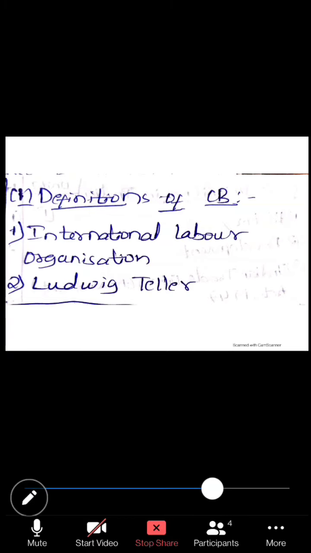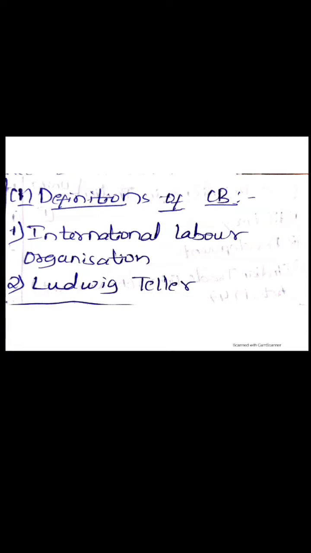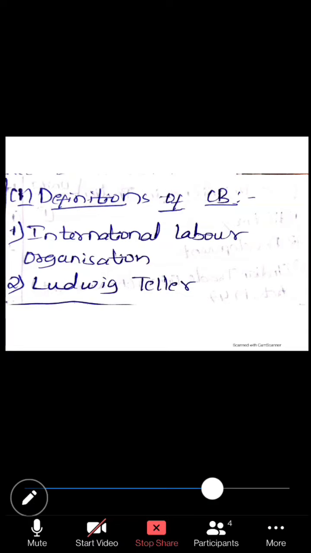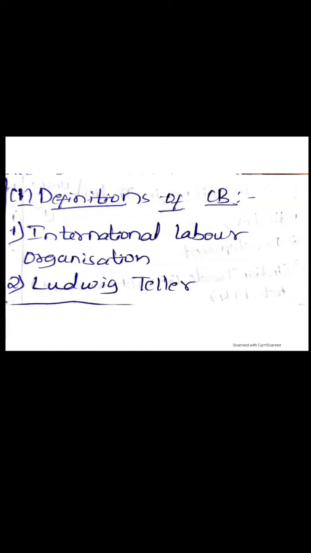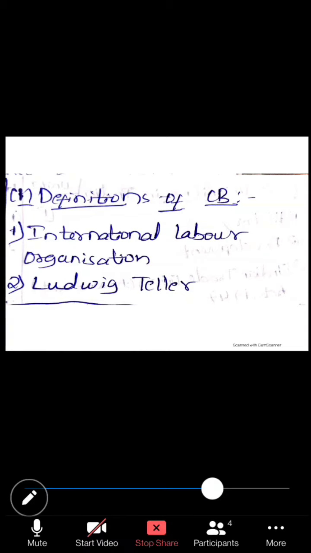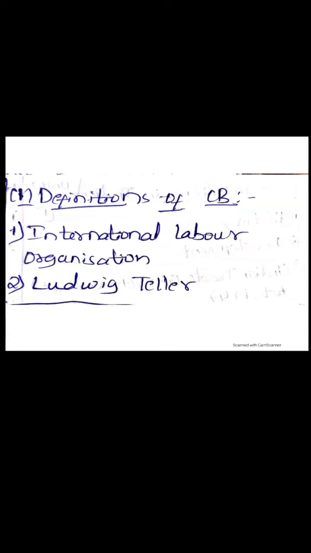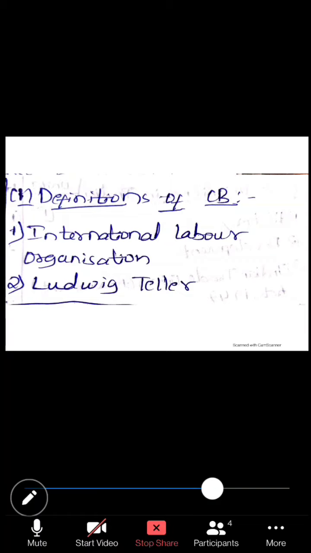Now, the in-depth definition has been given by the International Labour Organization: negotiations about working conditions and terms of employment between an employer, a group of employers, or one or more organizations of employers on one hand, and one or more representative organizations of workers on the other hand, with a view to concluding an agreement, is known as collective bargaining.